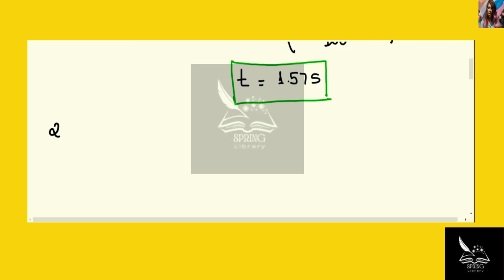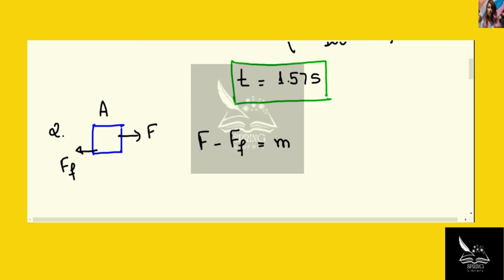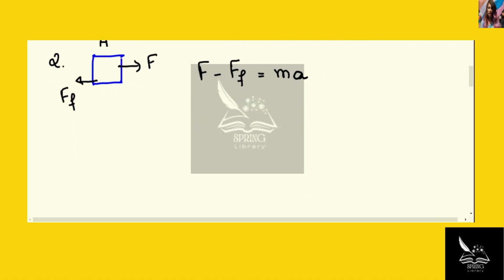And then in the second step, again, we need to draw a free body diagram of block A. So we have force F and the force of friction, which in this case is the force of kinetic friction, and this is equal to the mass times the acceleration. Let me substitute F by 100 times t to the 3/2, and the force of kinetic friction is mu k times mg.